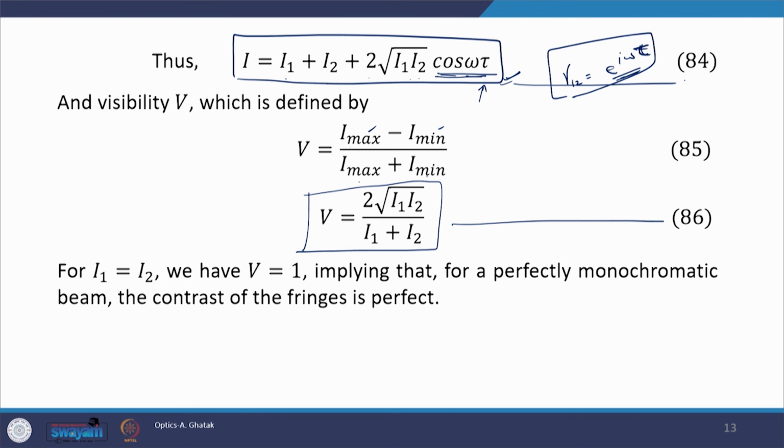Now, if the two sources are of equal irradiance, when I 1 is equal to I 2, then we have the maximum value of visibility V. And when we maximize it, it implies that for a perfectly monochromatic beam, the contrast of the fringes is perfect. Visibility, as its name suggests, tells the contrast.